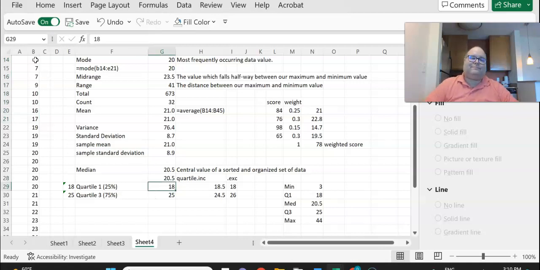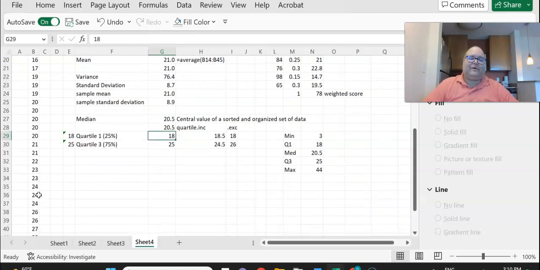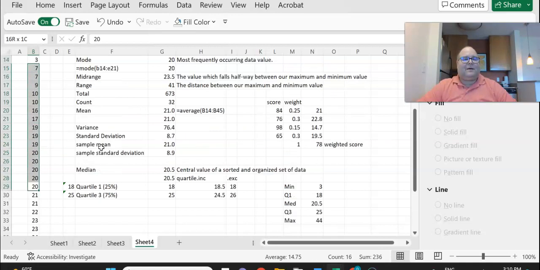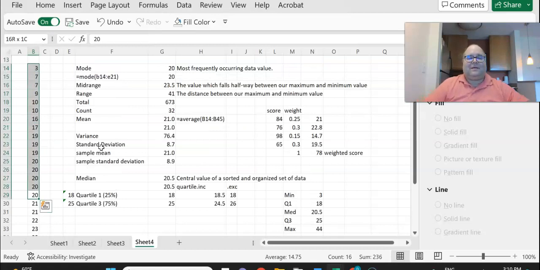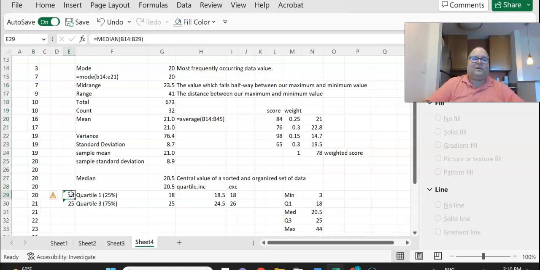Once we figure out where our median value falls, and this 20 is the last value in our lower half, taking the median of these bottom 16 values gives us our quartile 1, using the median of B14 to B29.